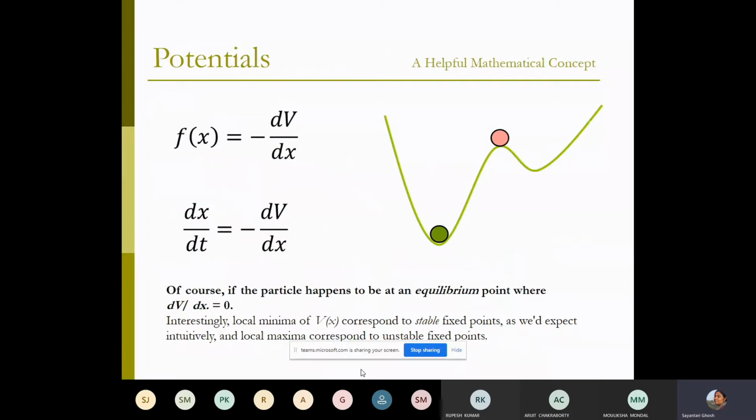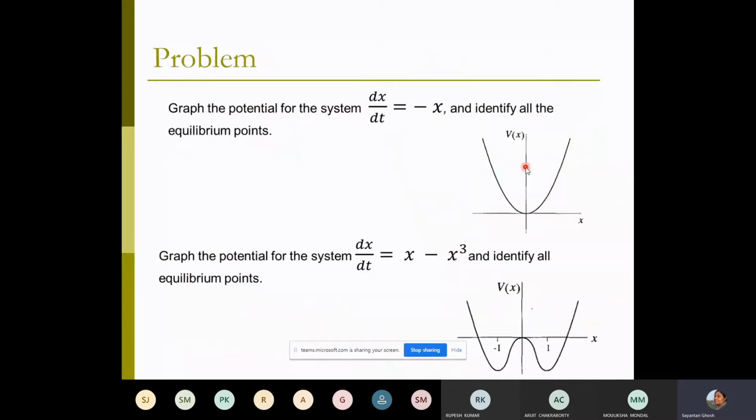That is, if you start from a nearby point, you end up at those points. Which points are unstable, though fixed points, because if you sit there, you will sit there forever. But if you start from a nearby point, you drop down to the nearest fixed point which is stable. After that, we discussed linear stability analysis.